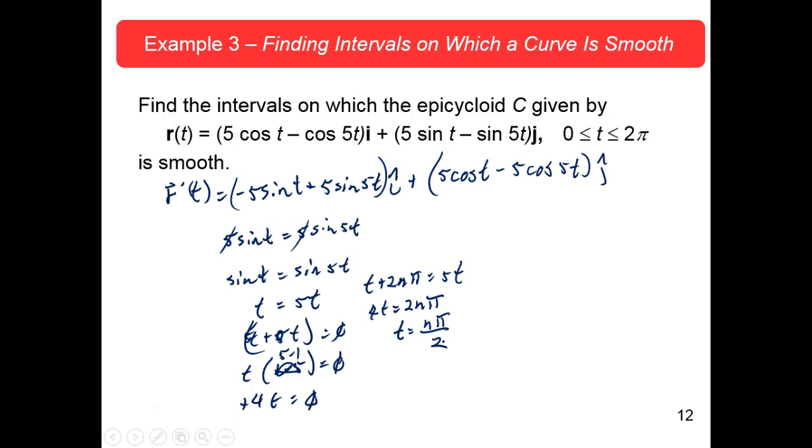So all your half pi's, that would be where that is true. Then those are always going to be zeros.